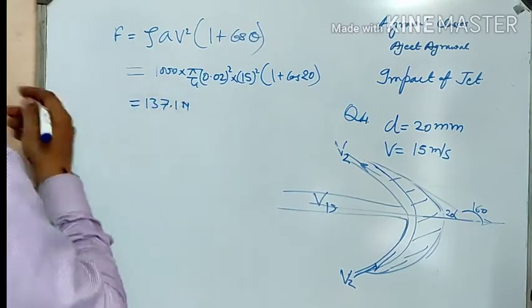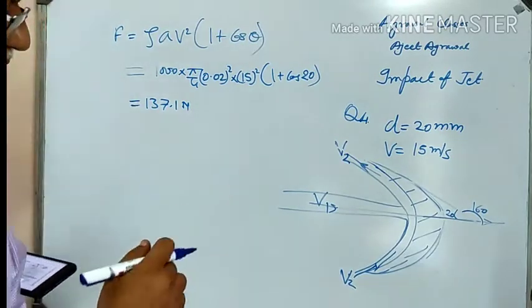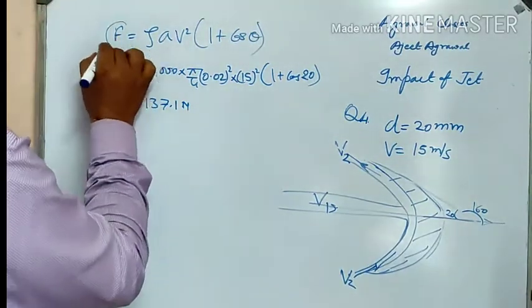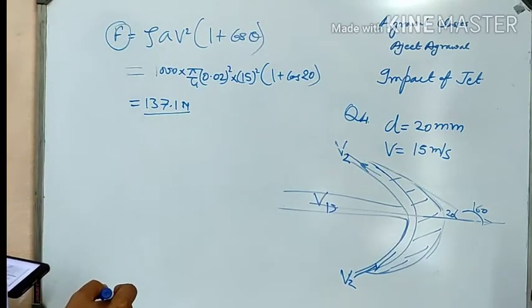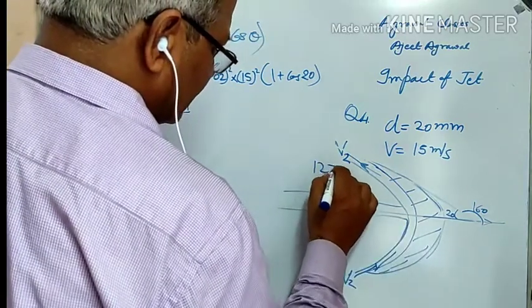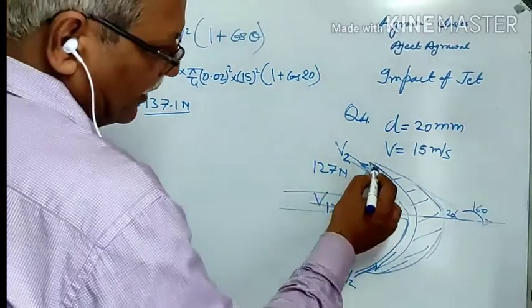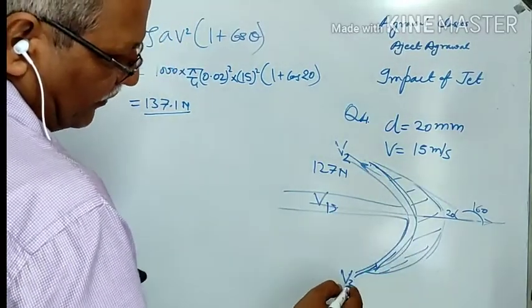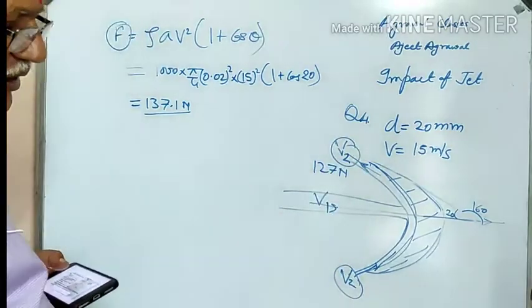137.1 Newton. Now it is given that in reality the impact does not come out to be 137.1. Instead of that, it is only 127 Newton. This will happen only when the plate is rough and the velocity at exit is lower than the velocity at inlet.